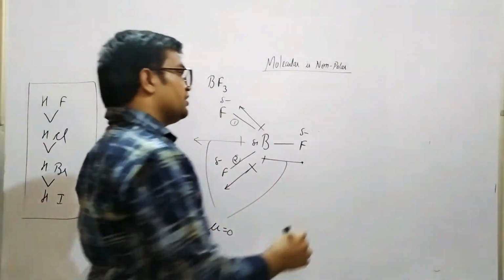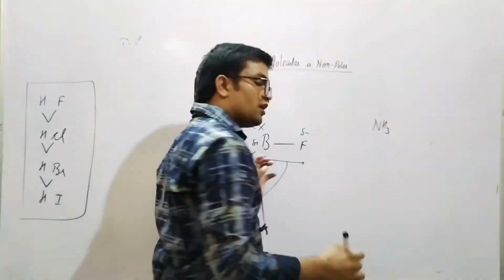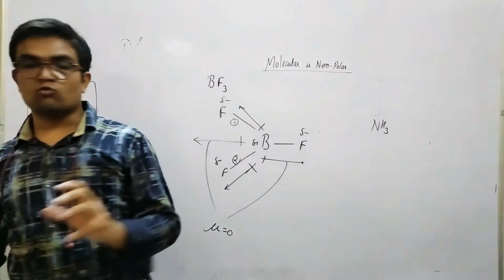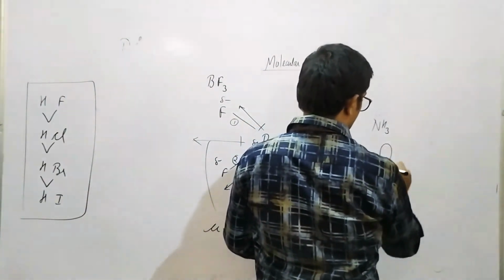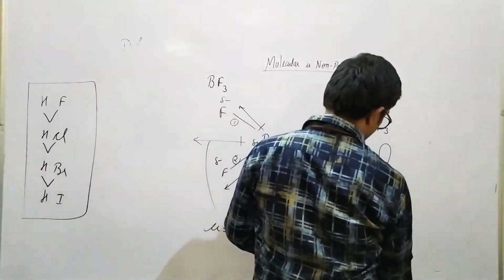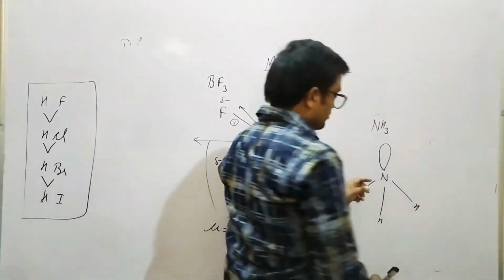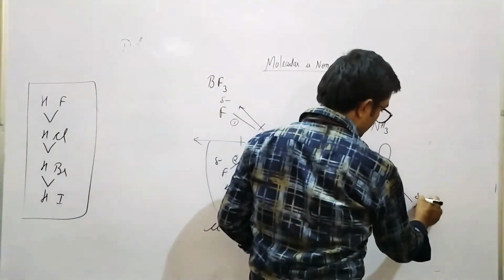If I ask about NH3, ammonia, yesterday we also found the hybridization of ammonia. It comes out to be sp3, and the structure is tetrahedral while the shape is pyramidal. Here nitrogen is more electronegative than hydrogen. Therefore, nitrogen is delta negative and hydrogens are delta positive.